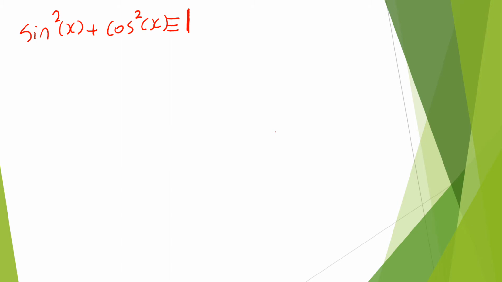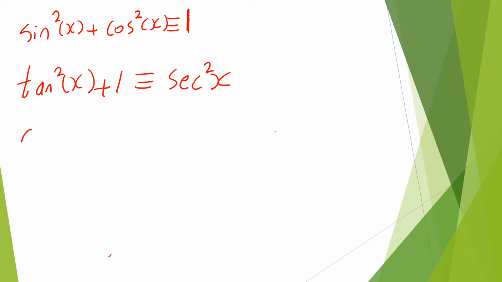The other identity that you're going to use is tan squared x plus 1 equals sec squared x. Okay, so that's another identity. The third identity that we're going to work on today is cot squared x plus 1 equals cosec squared x.